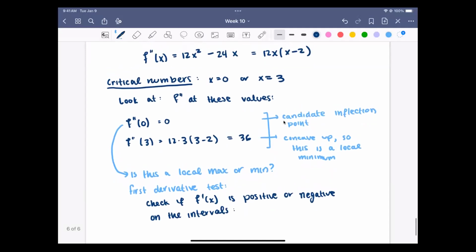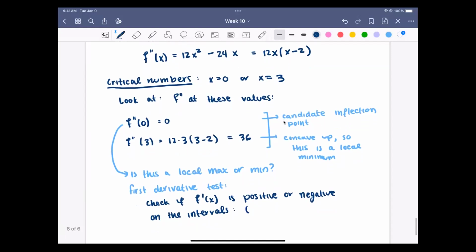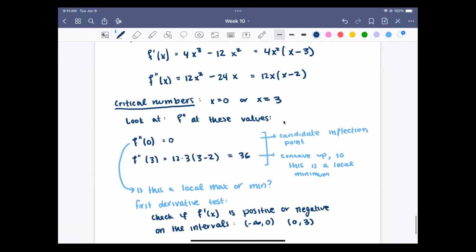okay, so we need to check the interval to the left of 0, so negative infinity to 0, and then we also need to check the interval to the right of 0 and up to the next critical number, so that would be the interval from 0 to 3. Let me make sure f prime is visible. Okay, so this is our f prime.